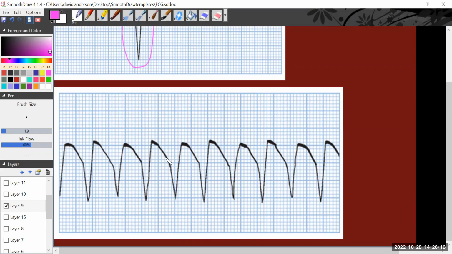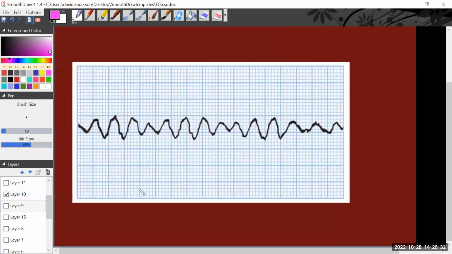Remember, we said with ventricular tachycardia, the electrical activity of the ventricle dominates over any other pattern. And the concern with tachycardia is the effect on cardiac output and that it may progress to a fibrillation, a ventricular fibrillation.